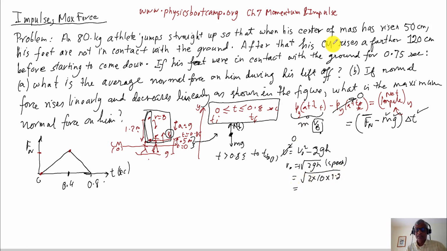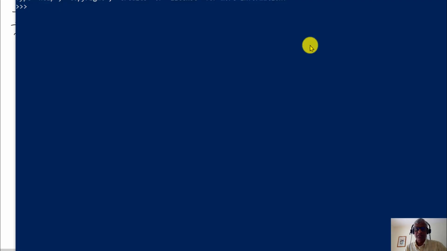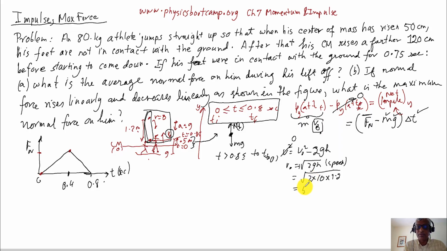Let me calculate that using this calculator. Two times 10 times 1.2 meters, and that's 4.9 or 5. So let's look at 5. This is 5 meters per second. Okay, so I got that, and m is 80 kilograms. So I can solve for Fn bar, the average Fn. This bar means average here.